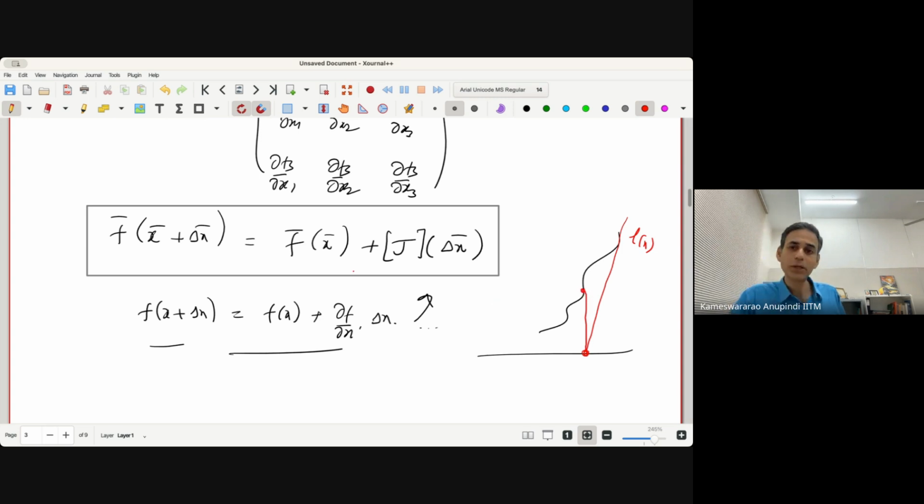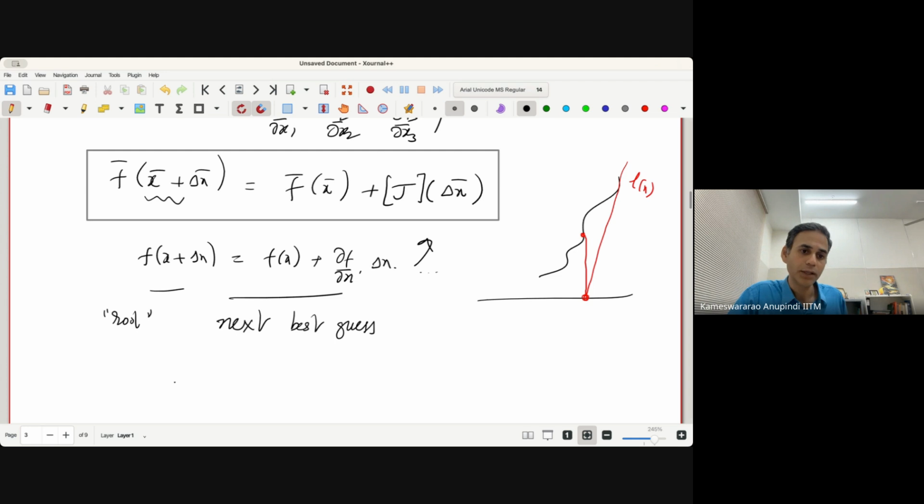So on my left hand side, x plus delta x is, if this is going to be the root, or the next best guess value for the root, then my function is supposed to be 0 there, right? That is what we said. So this is going to be 0 bar.